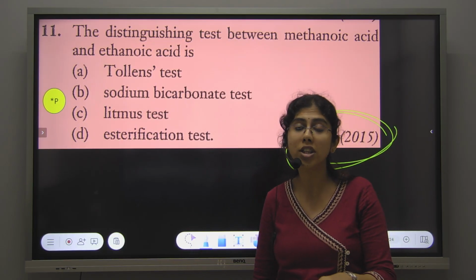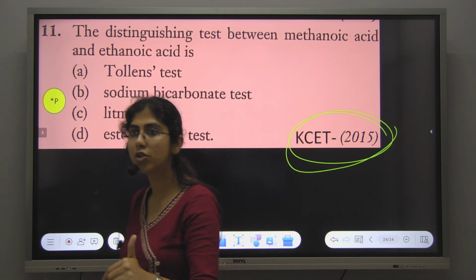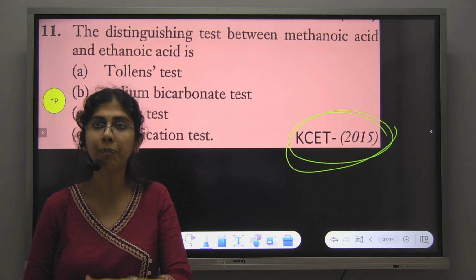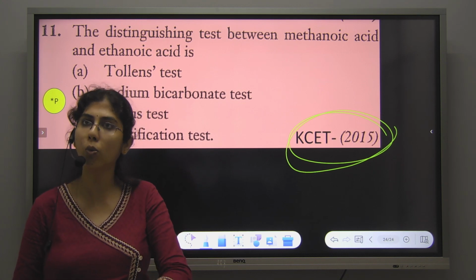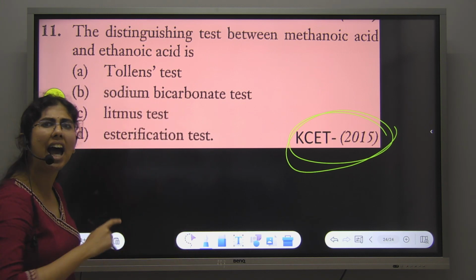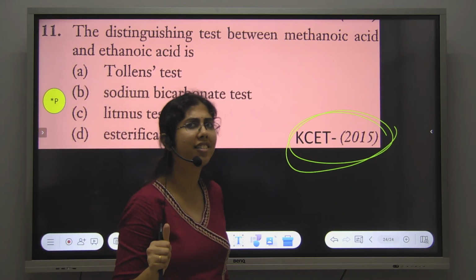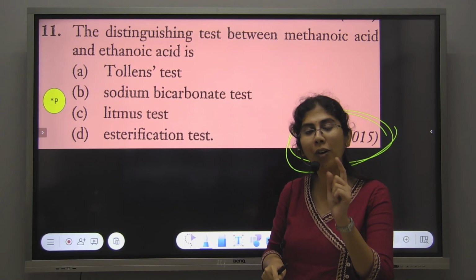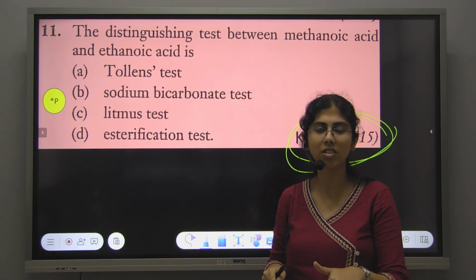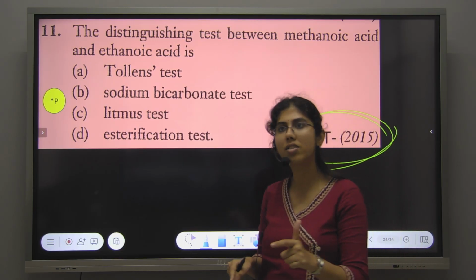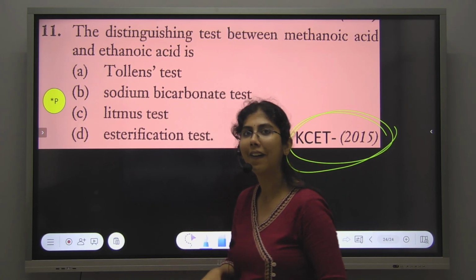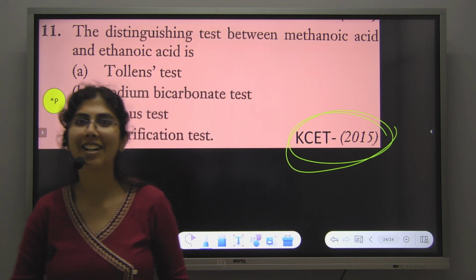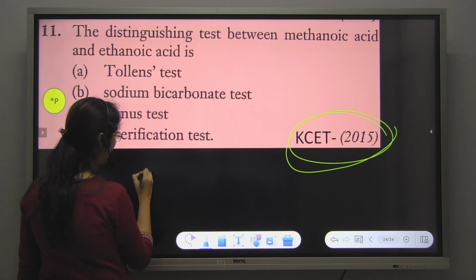Tollens' test is possible, but when we discuss Tollens' test, we discuss it for aldehyde and ketone, right? Aldehyde will give it, ketone won't. But here we have acids, so how can they give it? Any idea? These are acids. How can they give Tollens' test, because we just now understood Tollens' test is given only by aldehydes?